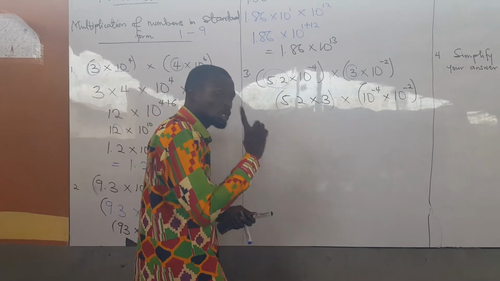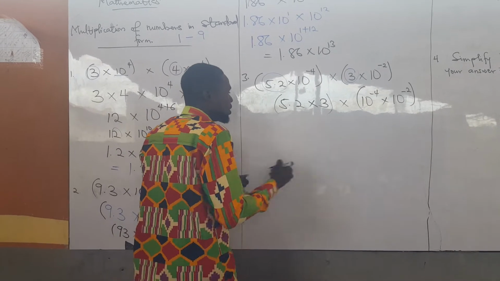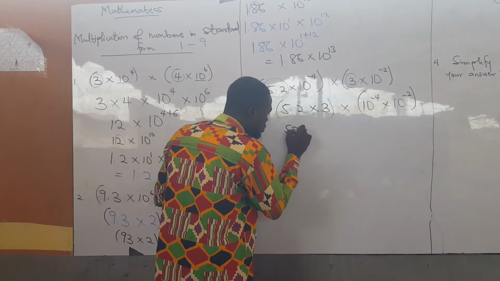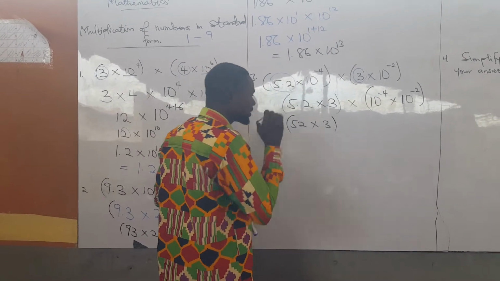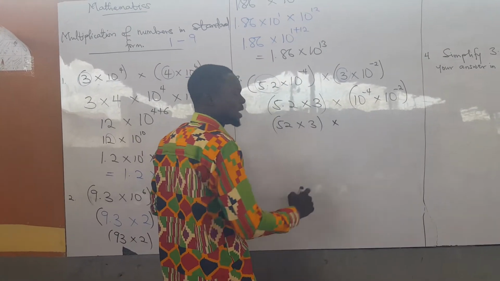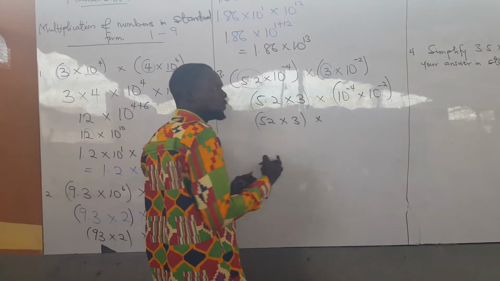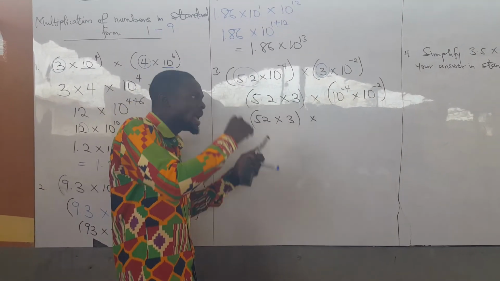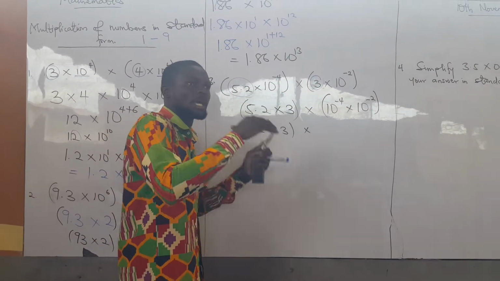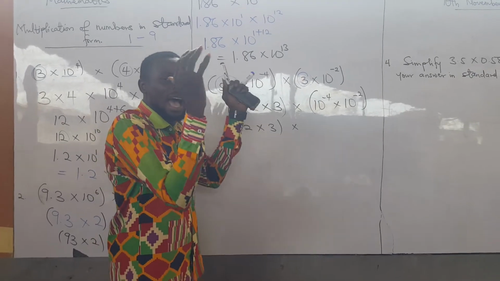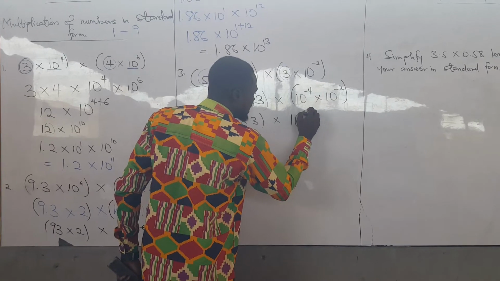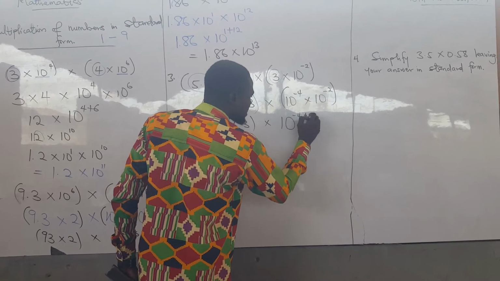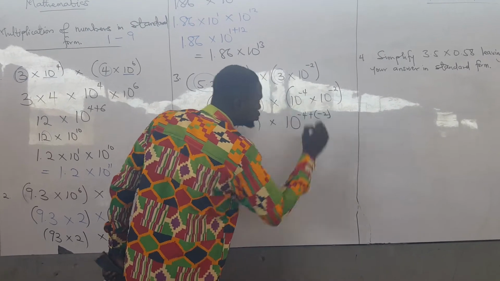So if we assume that there is no decimal point, we are going to get 52 times 3 in brackets, times powers of numbers. If we are multiplying and the bases are the same, add the powers. So this will give me 10 raised to the power negative 4 plus bracket of negative 2.